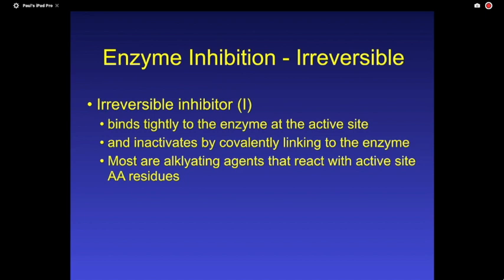Inhibitors that are irreversible tend to be this way. They will bind tightly at the active site, and then they will become covalently linked to the enzyme. Remember, there are certain amino acids in the active site that facilitate the reaction. Sometimes an amino acid side chain actually reacts with the substrate as part of the process, so it can physically become linked to the substrate in the conversion to product.